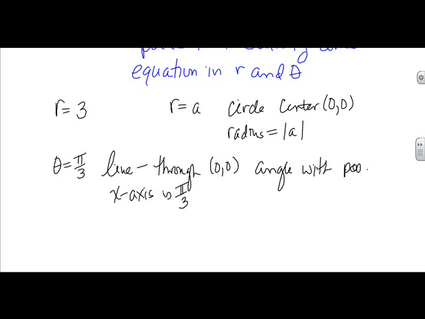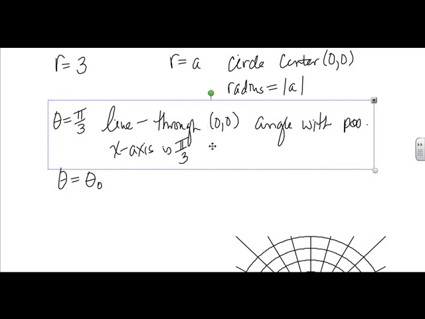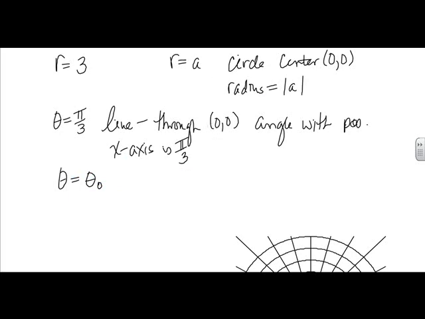Alright, so to generalize that, if you've got theta is equal to some specific value, we'll call it theta sub 0, it's the line through the origin whose angle is theta sub 0 with the positive x-axis.